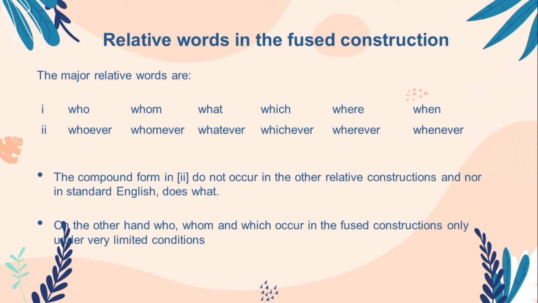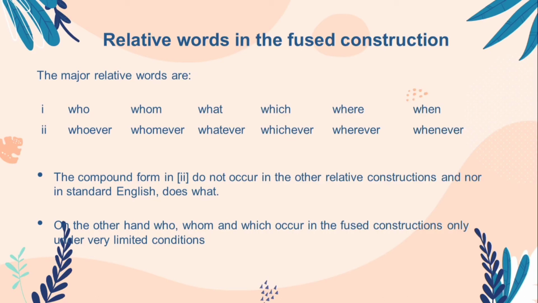And the next is whatever. Whatever refers to anything or everything, regardless of what and no matter what. And the next is whichever. Whichever refers to the person or thing which, regardless of which and no matter which.